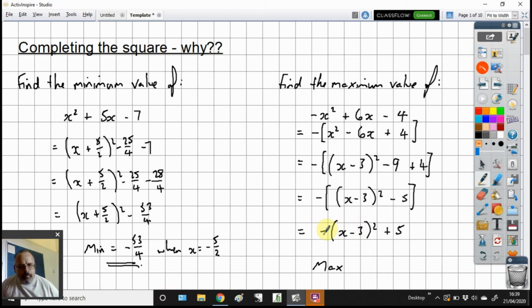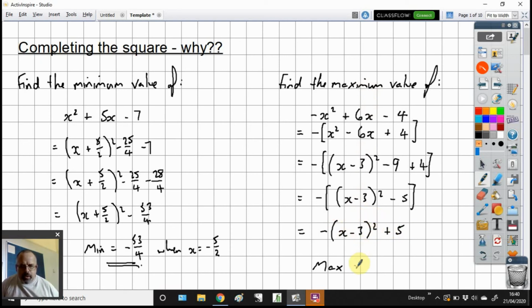It will be smaller. And we want the maximum value. So we actually still need this bracket squared to make 0. Because if it's not 0, then we'll be introducing a negative number which will reduce the value that we could otherwise have had. So we want this to be 0.